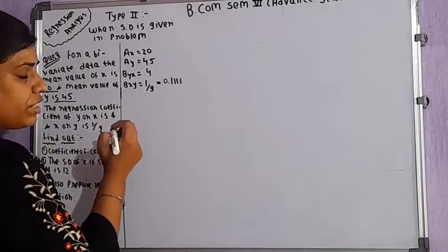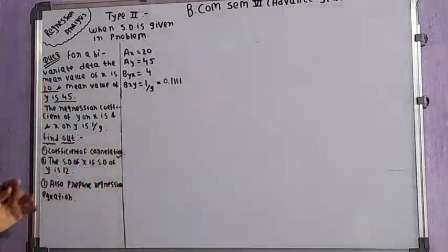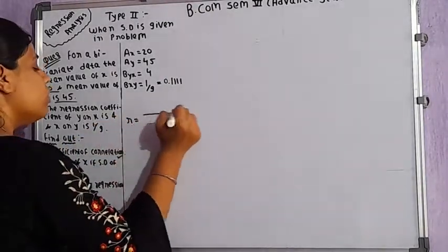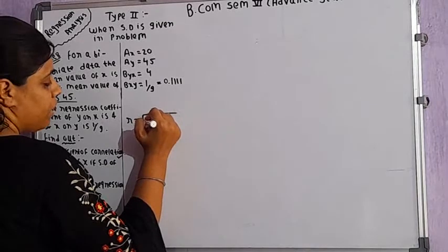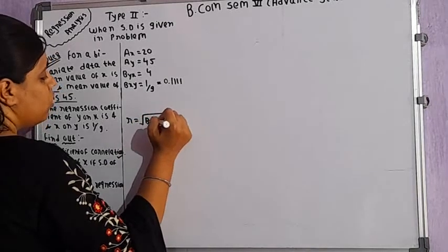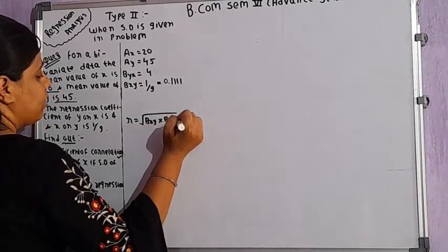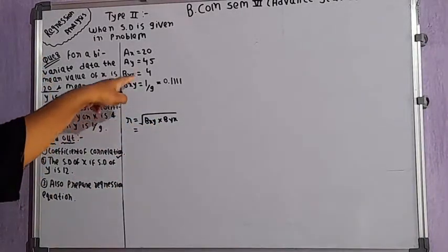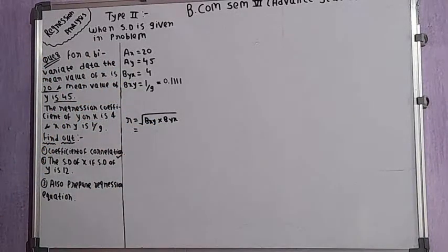Let's start with finding the value of r. r is equal to under root of bxy into byx. Here we have been given bxy and byx, so with this we can calculate r.